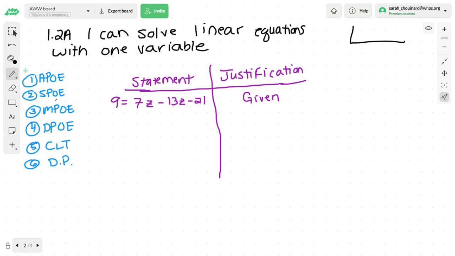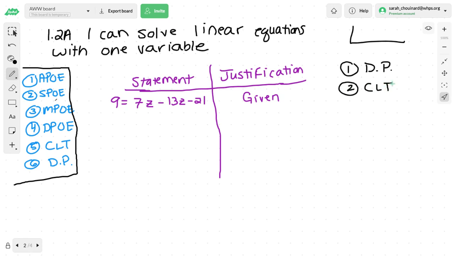So just a quick reminder, these are our properties and justifications that we will be using to solve equations when we have to give the statements and the justifications. So when we solve equations, we solve them following 4 steps. So you probably already have these, but just to remind you, we are going to do the distributive property first.